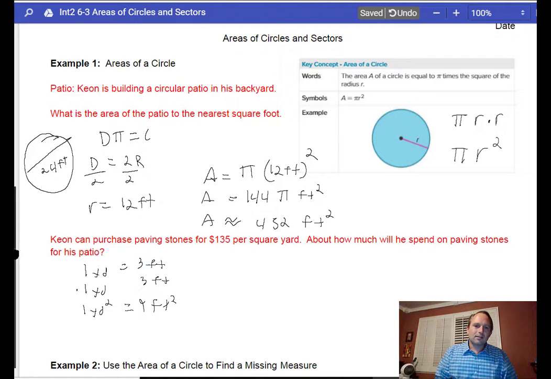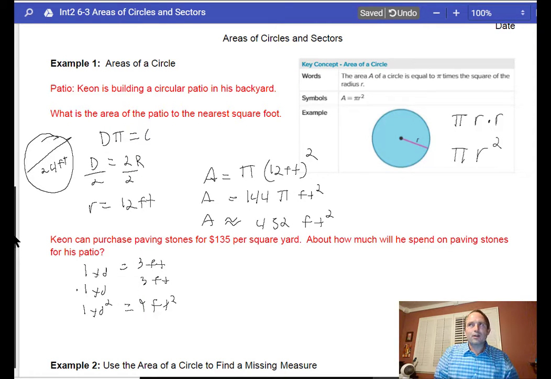So we're going to take this and we're going to convert it. We understand that it's going to be 135 per square yard. Well, let's take this information we have right here.